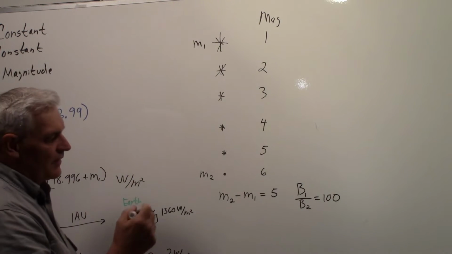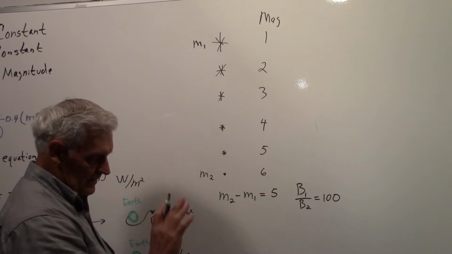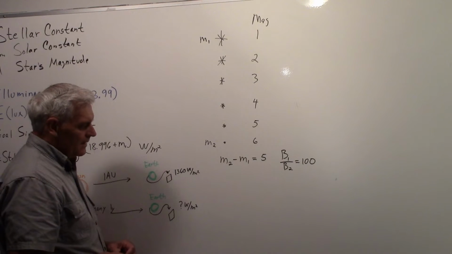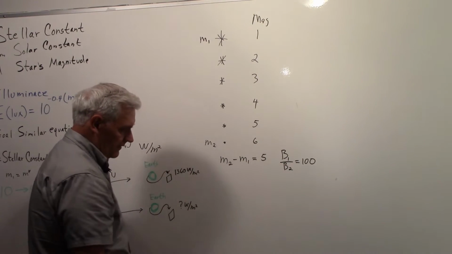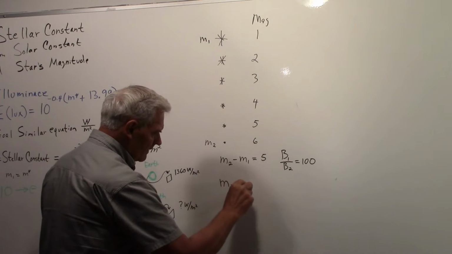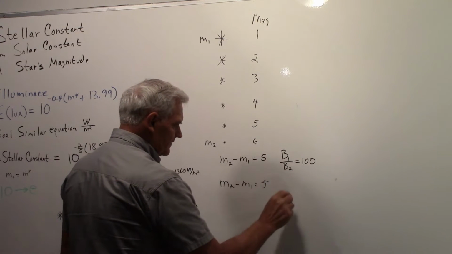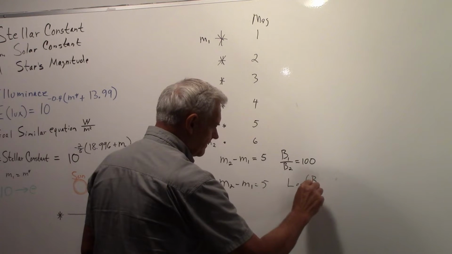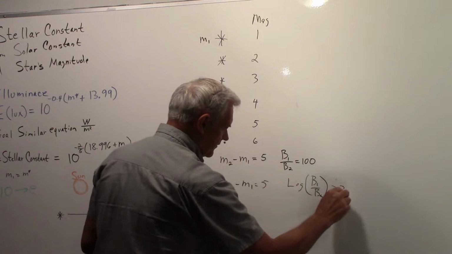Now, the thing is, how do we make 5 equal 100? We want to come up with an equation. And this is not a derivation, but it's a way to think about it. So how can we make 5 equal 100? Well, what we could do, we could say, let's take the log of this. So now we would have over here the log of B1 over B2, and that will be equal to 2.